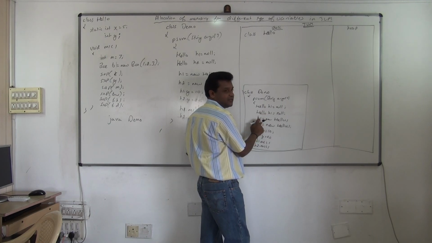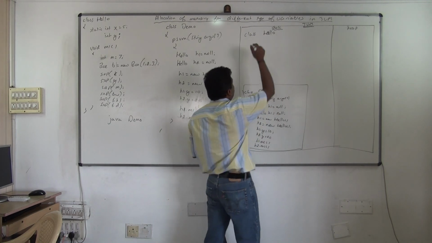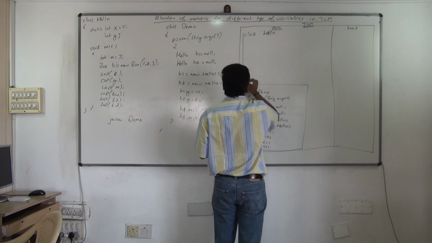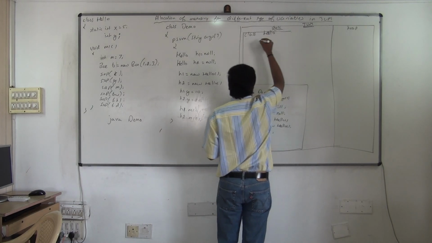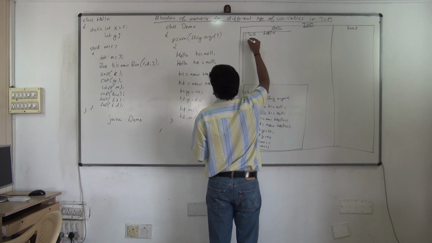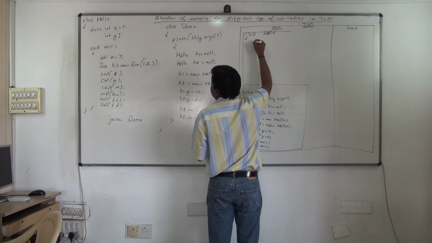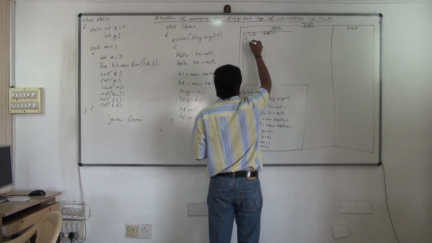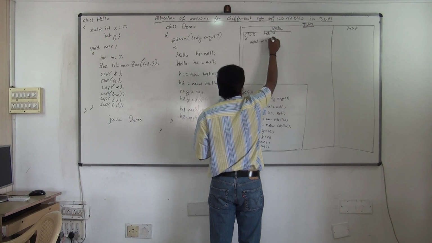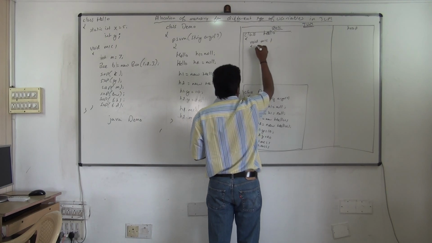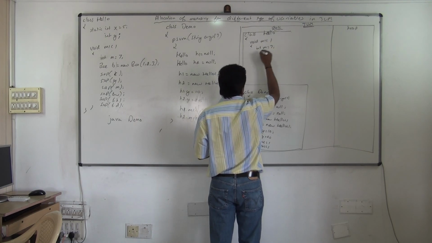Here Hello class has to be loaded into the JVM. So Hello class will be loaded now. This is class Hello. Let's see what happens in class Hello. What are the members? You'll have x, y. Leave that. There will be only one method here. Void m1. Int m is equal to 7.